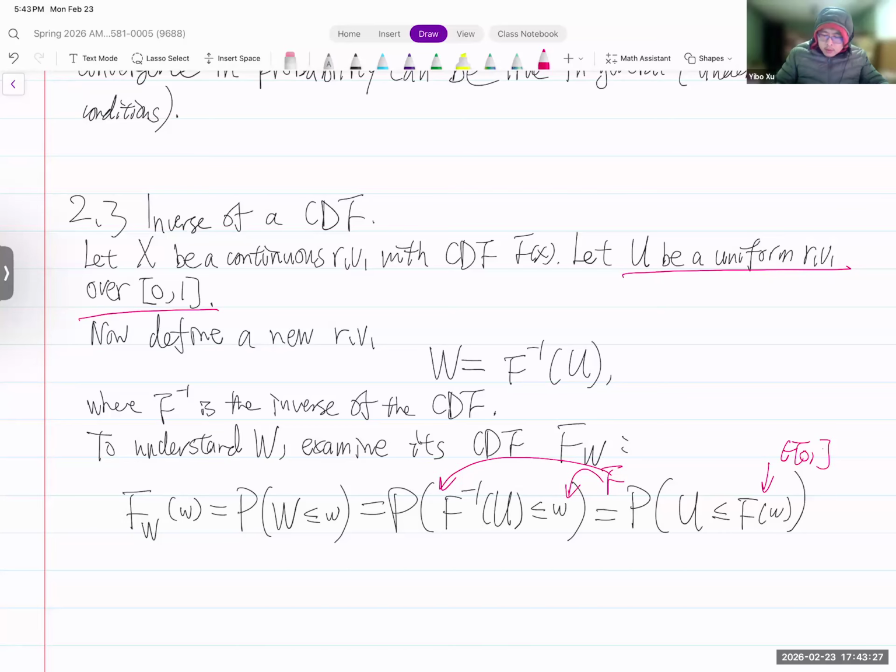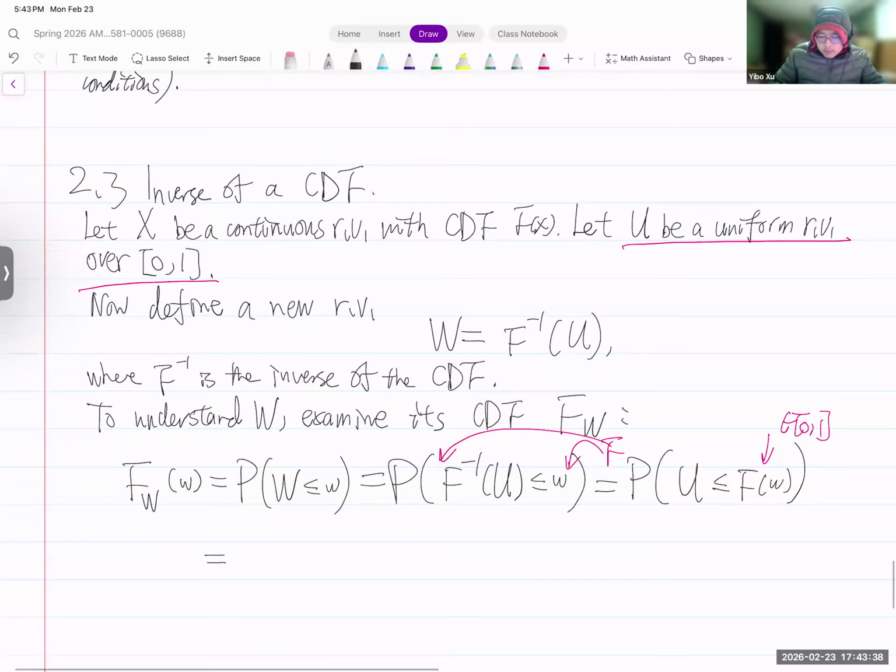So this tells you I'm able to calculate the probability of this with the uniform random variable. That's easy, right? Because you're integrating from 0 to my upper bound, this is uniform, so this is du.